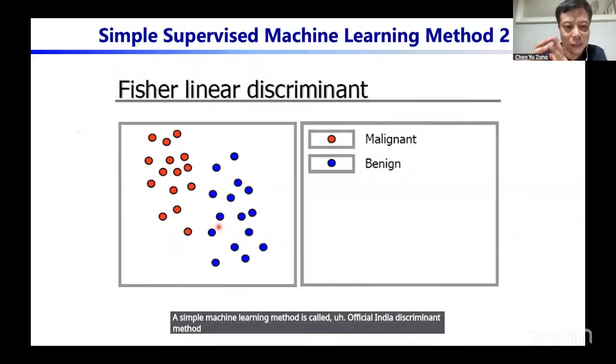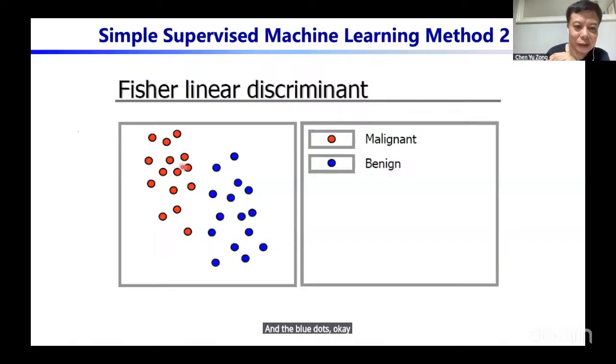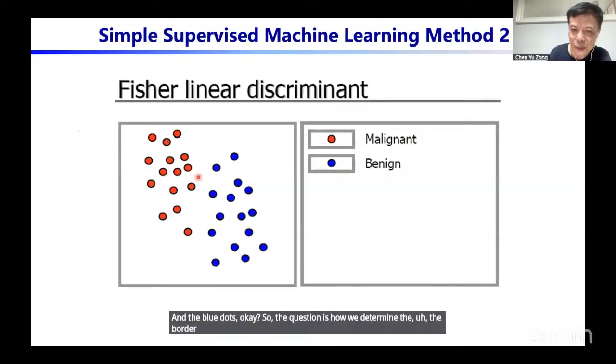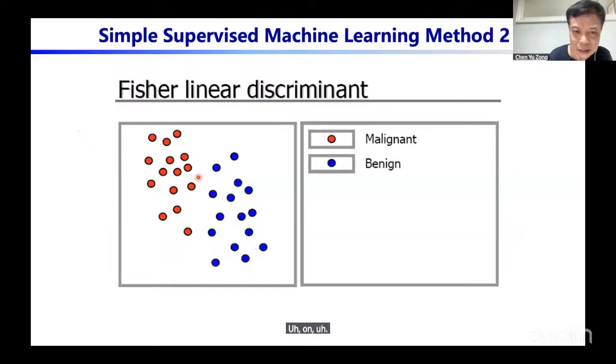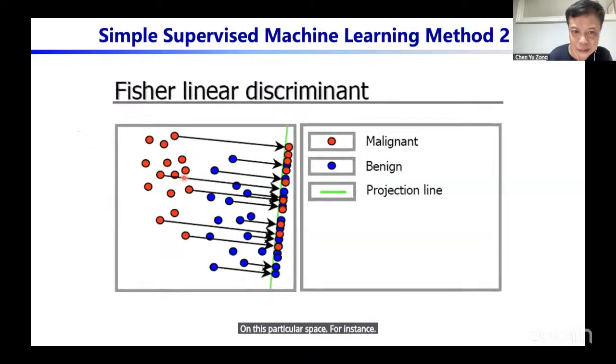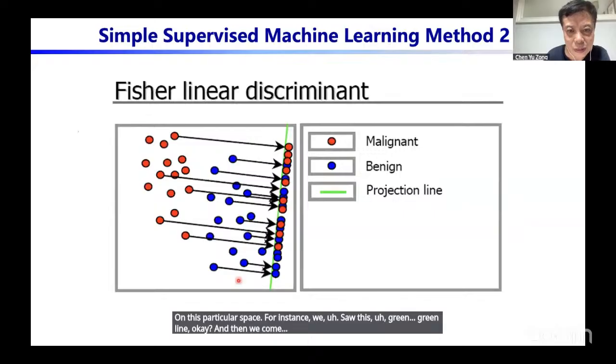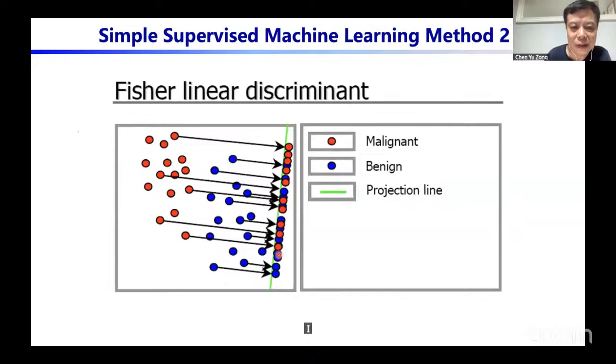In this particular example, again we have a distribution of red dots and blue dots. So the question is how we determine the borderline. We can simply draw any straight line on this space, for instance this green line. Any orientation, any position is fine.